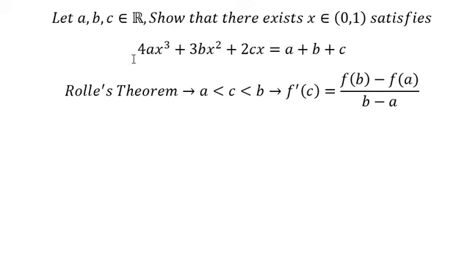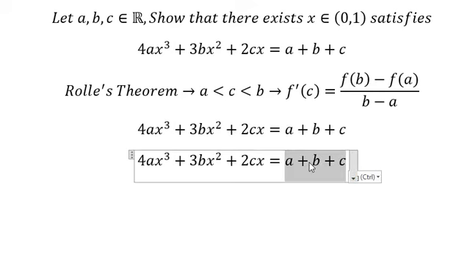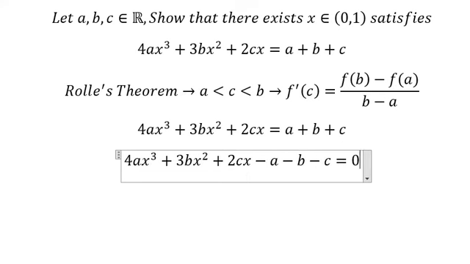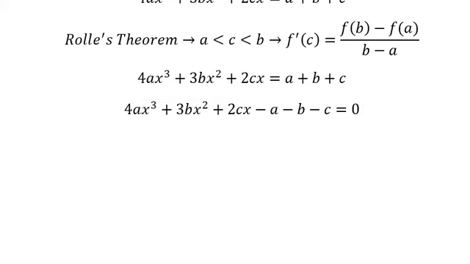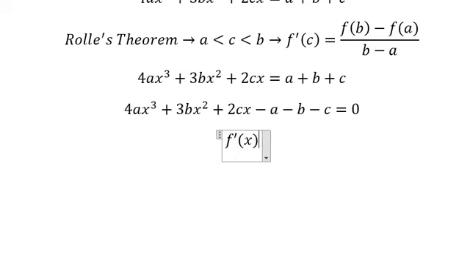Now, I will consider this one. So I will put a plus b plus c to the left. Now, I will put the first derivative of the function in here.